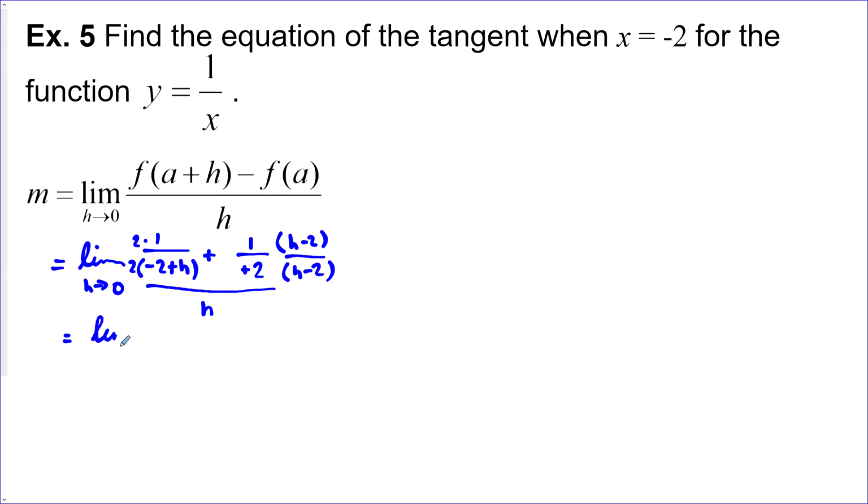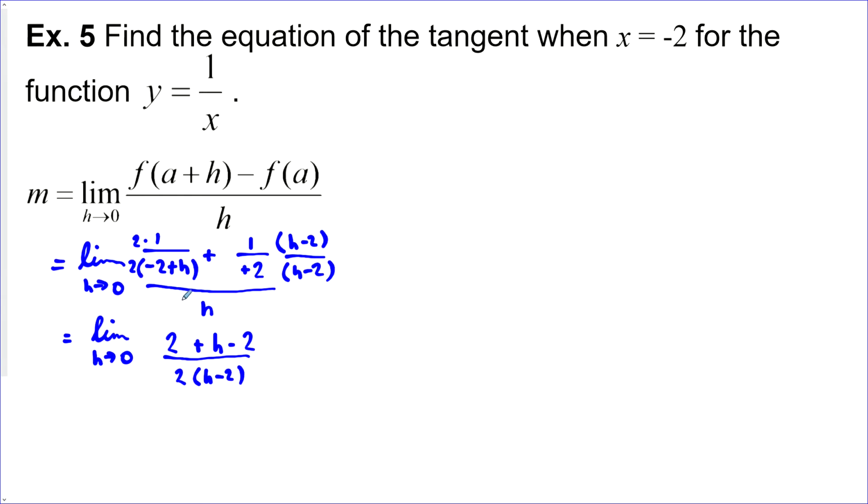So we have the limit as h approaches 0. This would be 2 plus, and then distributing in the 1, just h minus 2. And then in the numerator's denominator, we've got 2 and h minus 2.